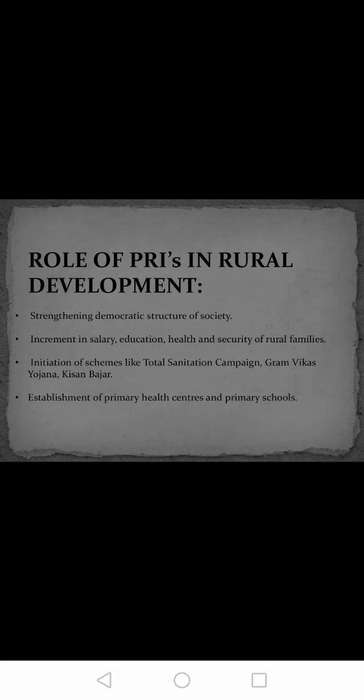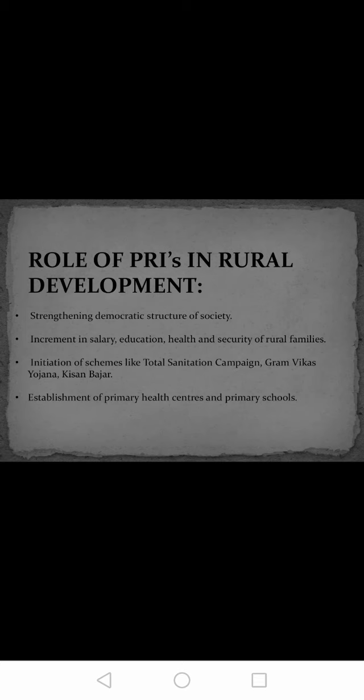Now, what is the role of PRIs in rural development? Talking about the role of PRIs in rural development, the first one is strengthening democratic structure of society. PRIs under rural development strengthen the democratic structure of the society. Next, with the help of PRIs, rural infrastructure is improved, and increment in the salary, education, health, and security of rural families are included under the Rural Development Program.